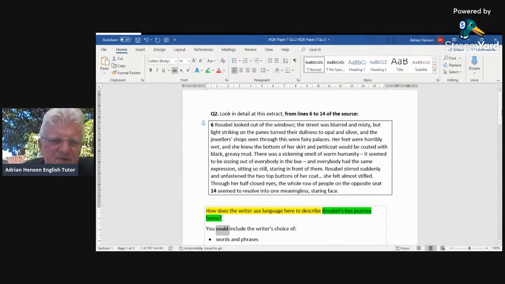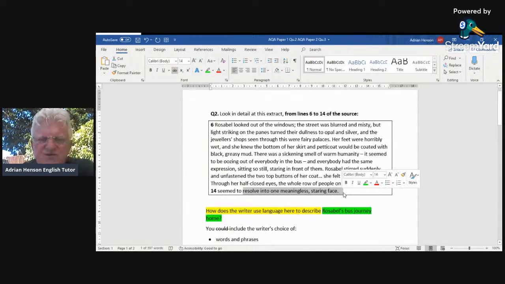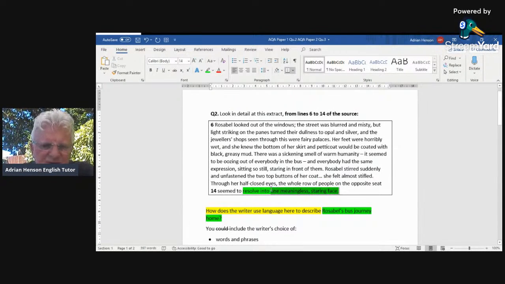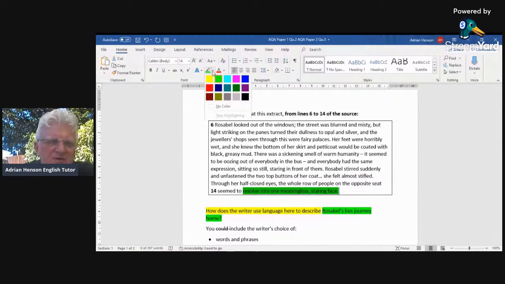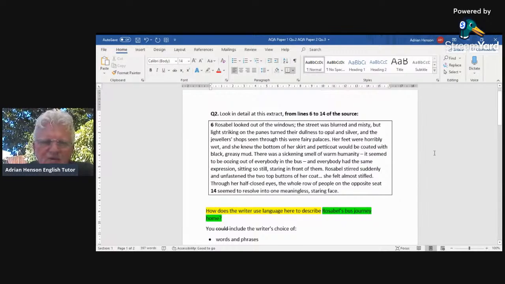If we suddenly say, I'm going to go straight to this, resolve into one meaningless staring face, and use that as my first example, I'm going to be all over the place. So my feeling is, with a question, we first of all work in a chronological way and read the whole extract very carefully.